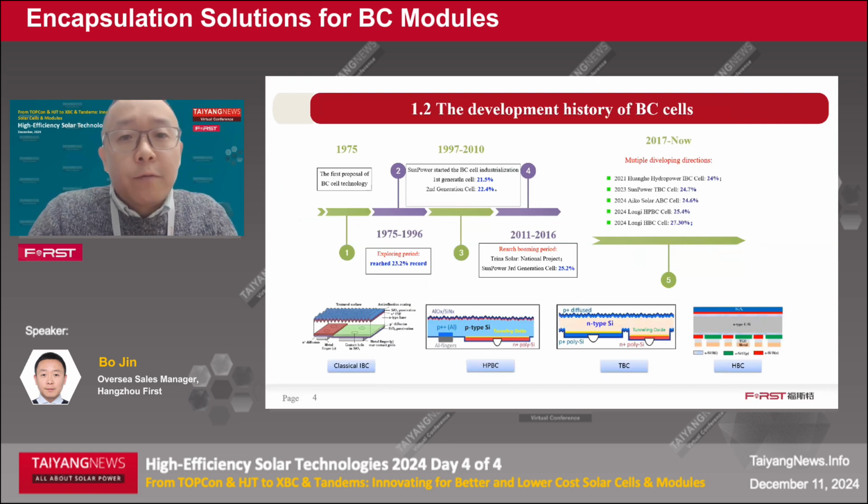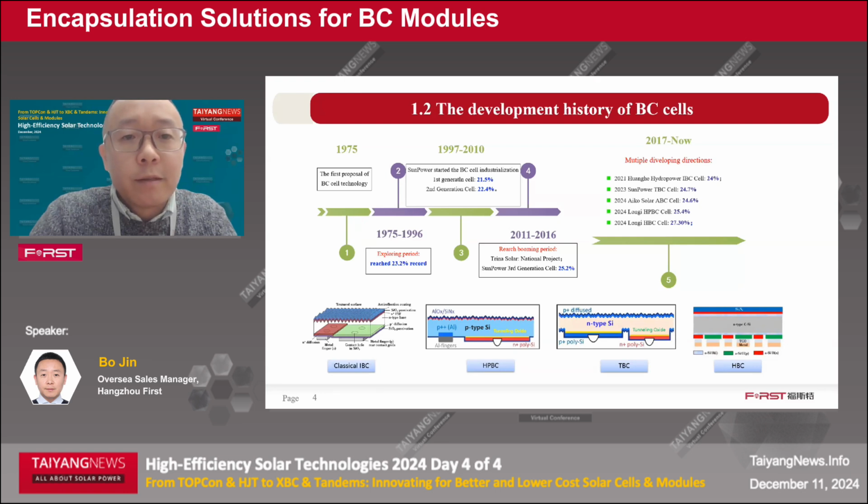So for the development history of BC cell, actually it started from 1975, and for about 20 years after, it experienced the exploring period, and the power generation could reach 23.2%.